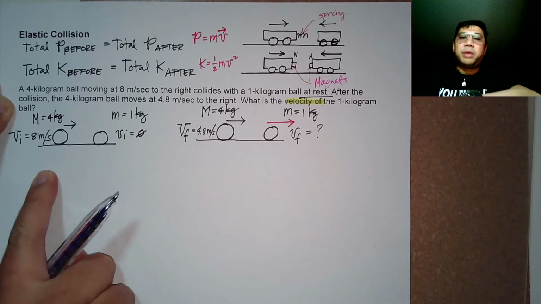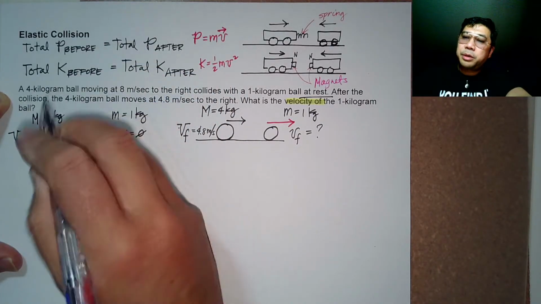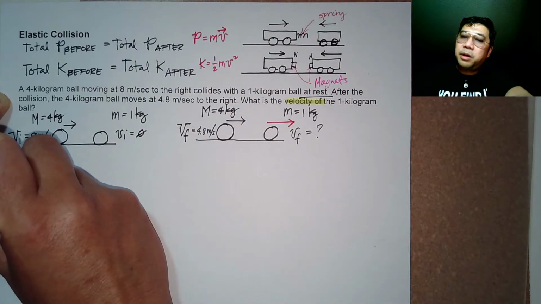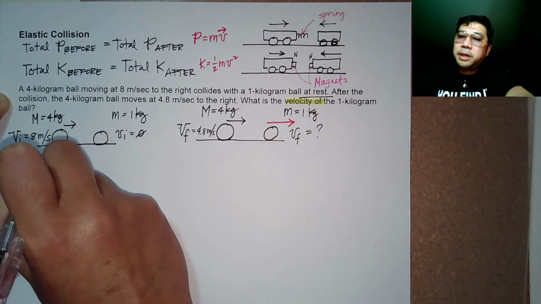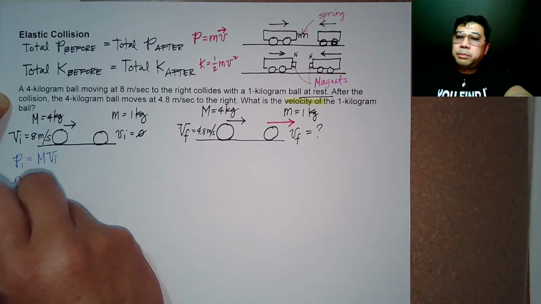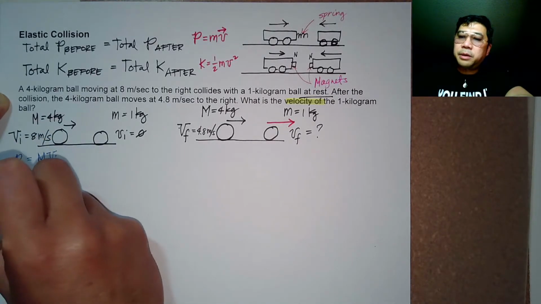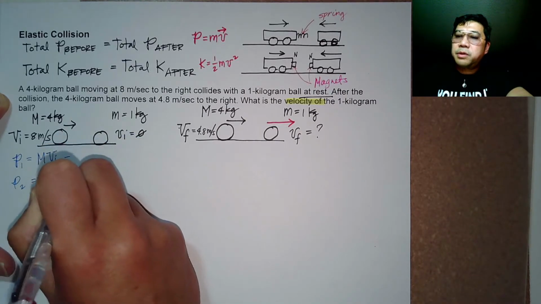Right here we have the momentum of the first object, and I'll do a shortcut. The momentum before is m v sub I for the first object, uppercase, and for the second object it is m v sub I, lowercase.